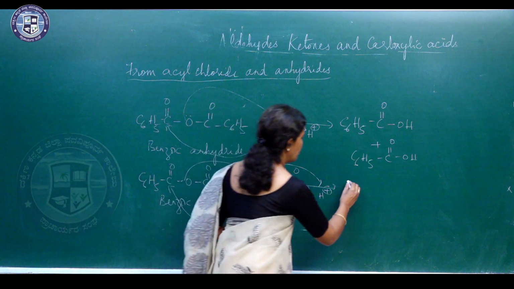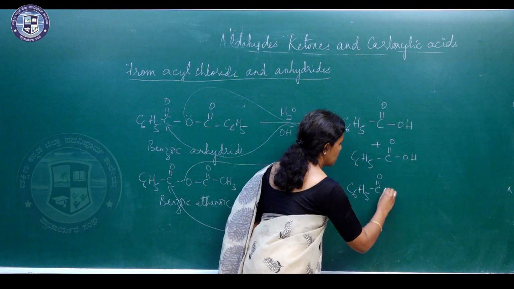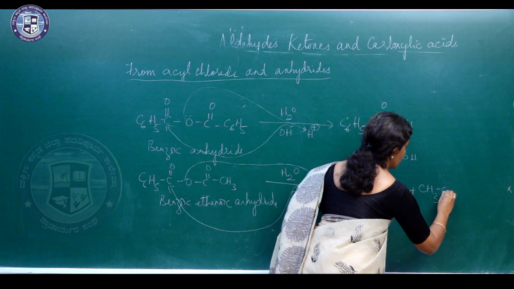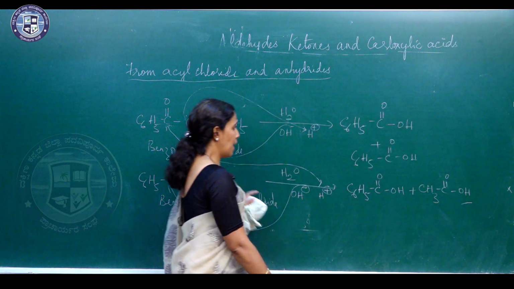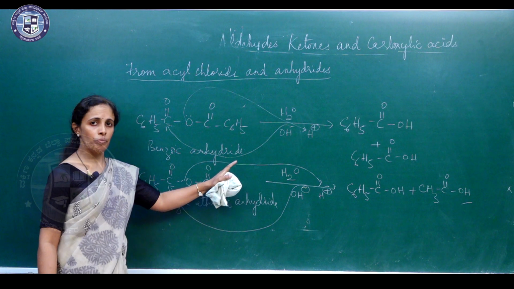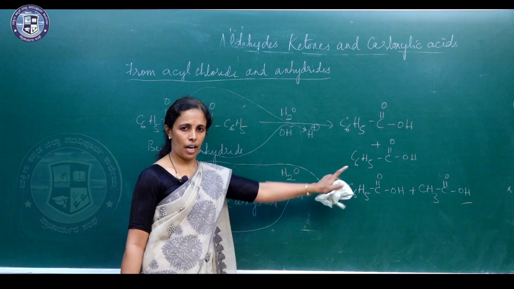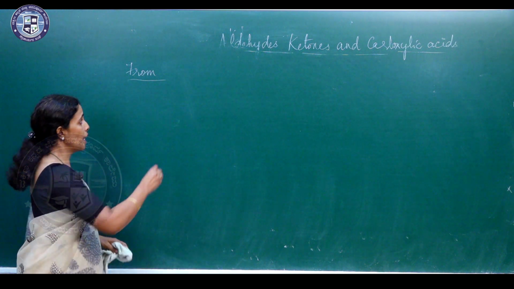So, we get 1 molecule of benzoic acid and 1 molecule of acetic acid. So, when anhydrides are subjected to hydrolysis, we get the corresponding acids. The next method is from esters.